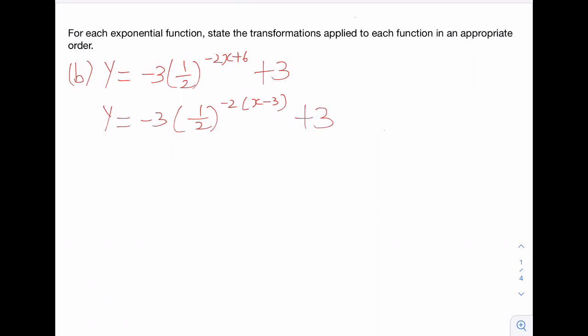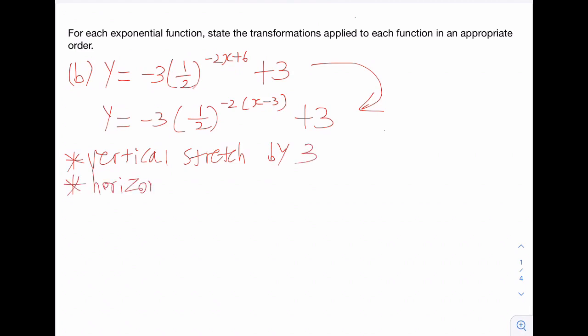So this exponential function will need to be changed to this form for us to be able to list out the transformations. So now let's list out the transformations, guys. So stretches first. So we have first a vertical stretch by a factor of 3, and we have a horizontal stretch by a factor of 1 over 2, because it's a 1 over b, not b.